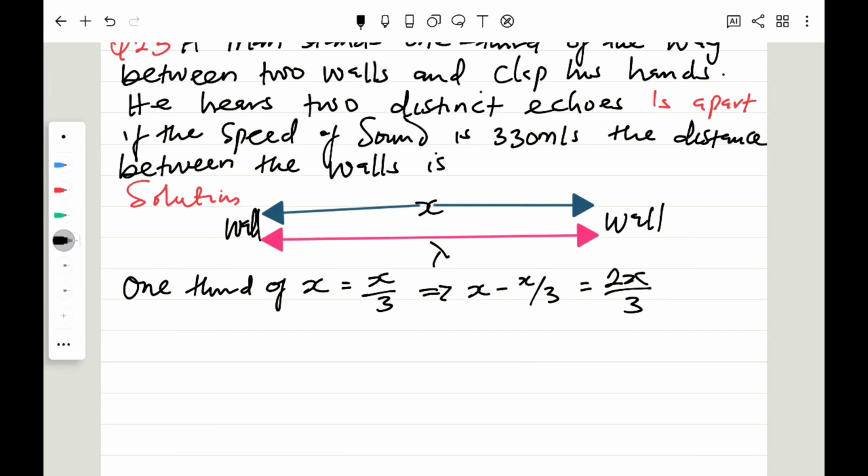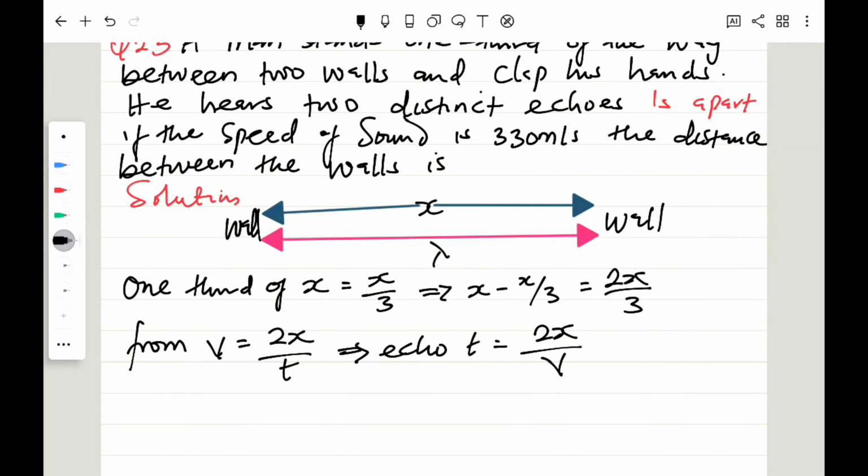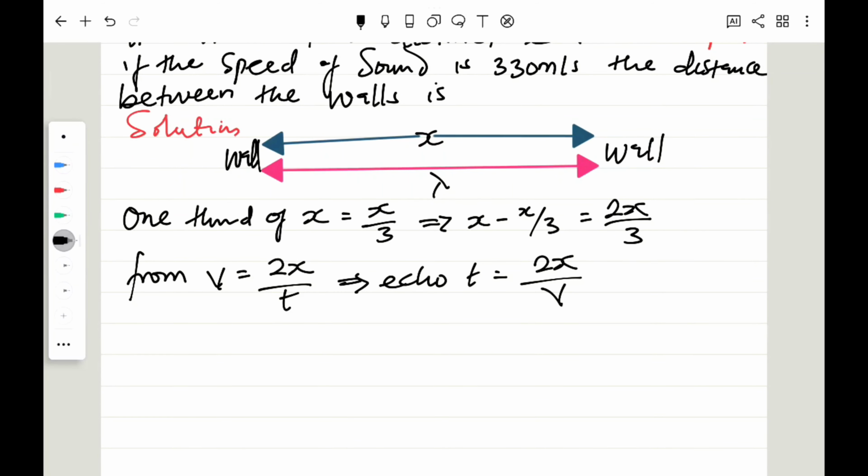So from V is equal to 2X over T, we are dealing with echo. Okay? Then T is equal to 2X over V. Is that clear? So let X1 be equal to X over 3, and let X2 be equal to 2X over 3.